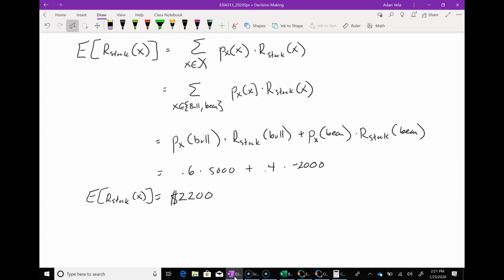Does this mean we'll actually get $2,200? No, we either get 5,000 or we lose 2,000. You can't actually get this value. But the idea is if you were to do this lots and lots of times, that on average, that's what you'd end up with. But you can't really do this. This is the problem with decision trees, right? How many times can you make this decision? It has to happen at a different time, because the event is like 6 months later.